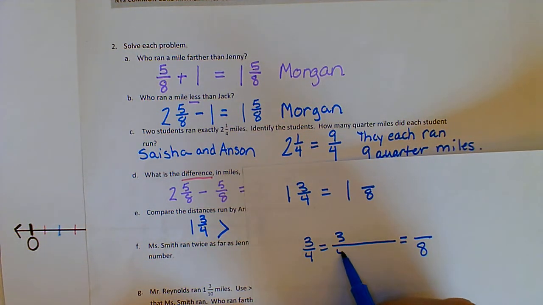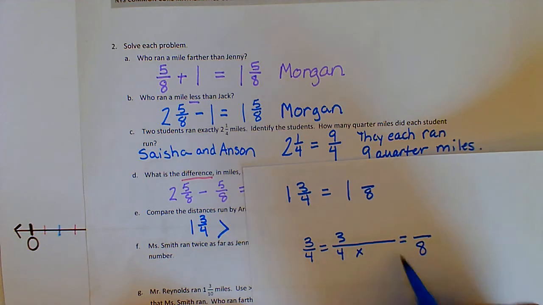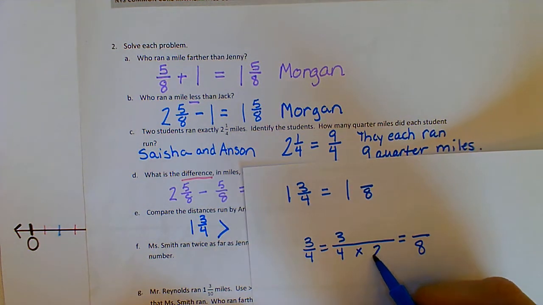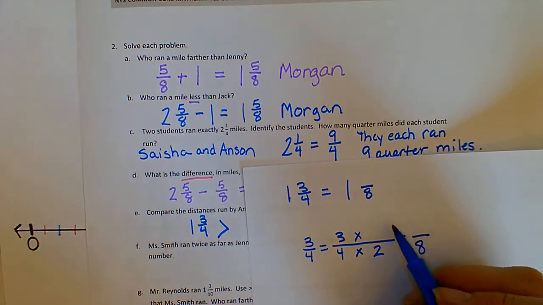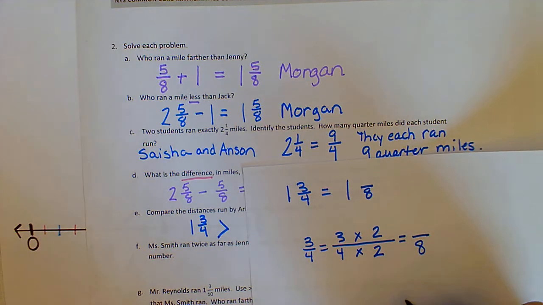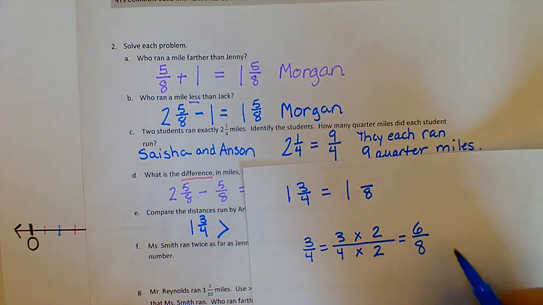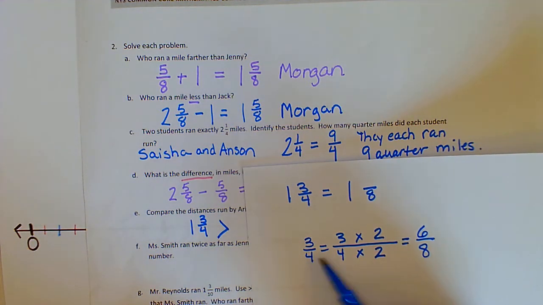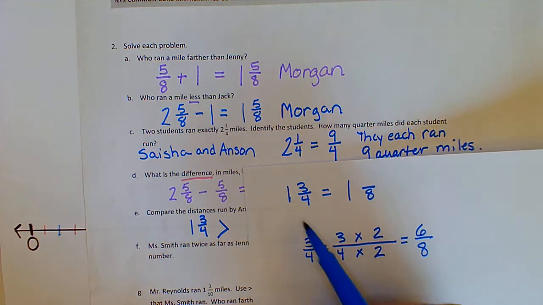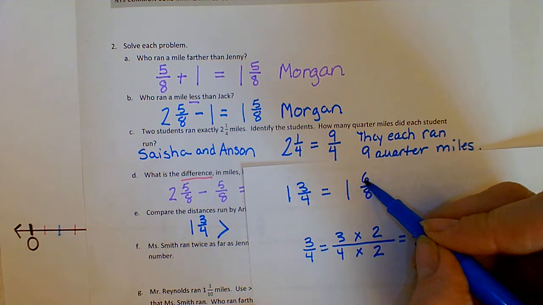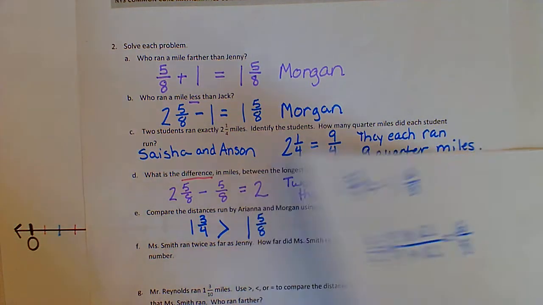I always write what I'm starting with, and now I have to ask myself, 4 times what number gives me 8? Or another way, 8 divided by 4 gives me that number, and you should get 2. Whatever you do in your denominator, you have to do in your numerator. So 4 times 2 is 8, and 3 times 2 is 6. So now I know that 3/4 is equivalent to 6/8. So 1 3/4 is equivalent to 1 6/8.